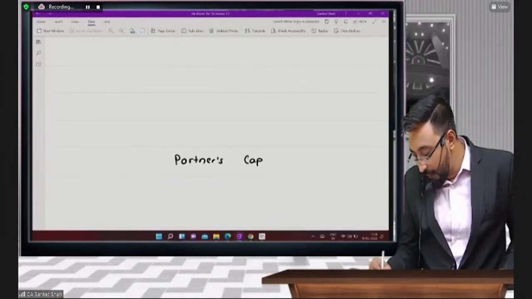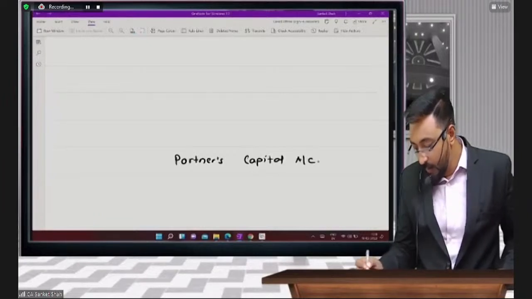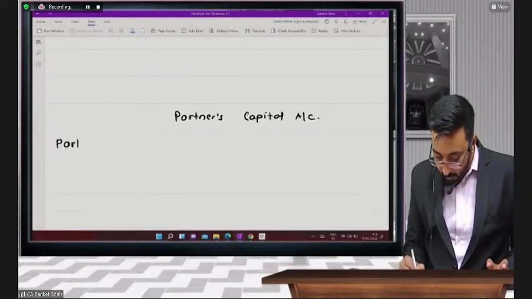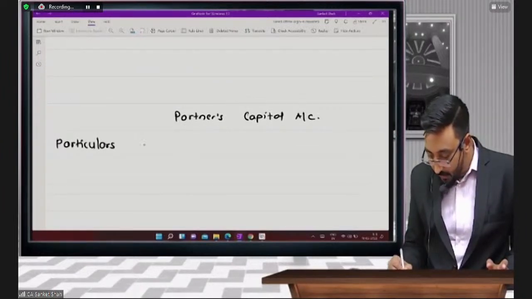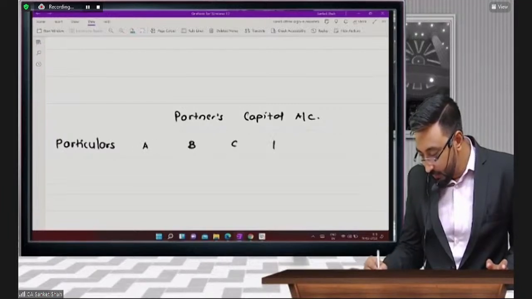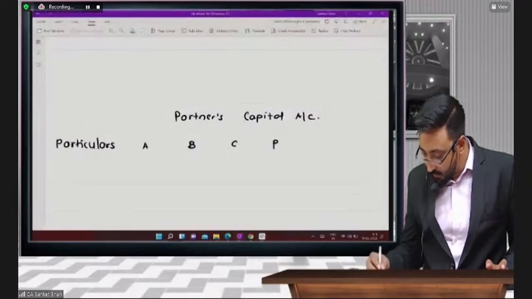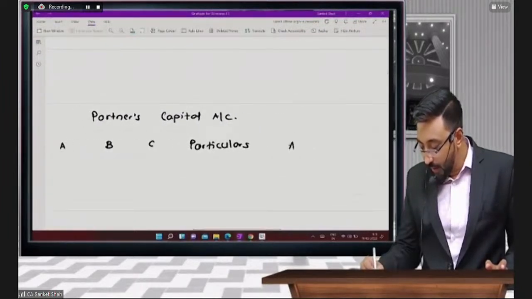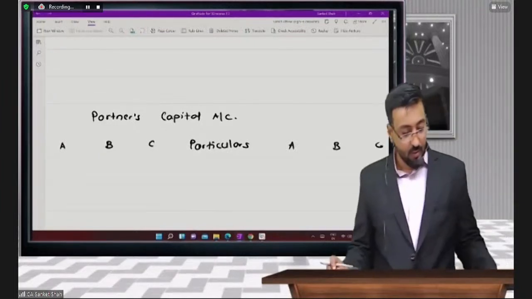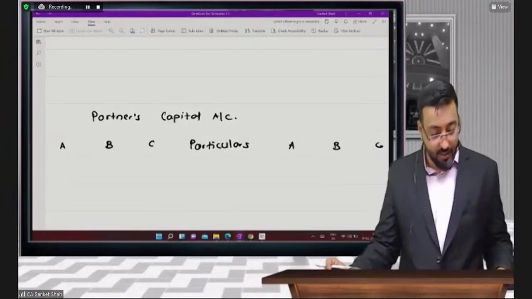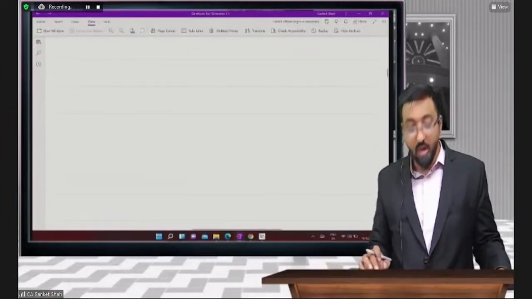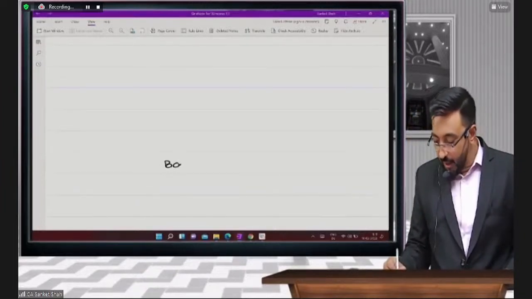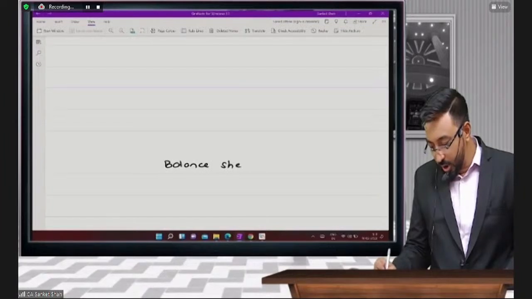Then partners capital account. Particulars A, B, C. A, B, C are partners, no? And particulars A, B, C. Better skip 8 lines, 8 lines for partners capital, and then write down the balance sheet.